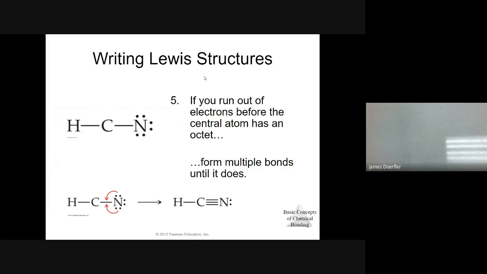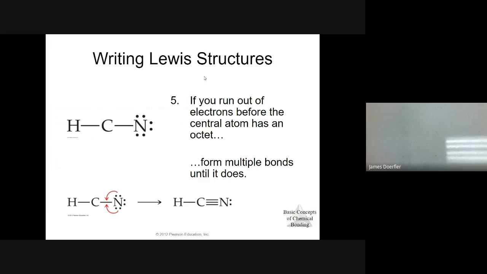But let's say after we've put all of our valence electrons out there, we still have a situation where we don't have complete octets. If we run out of electrons before the central atom has an octet, we then have to form multiple bonds.